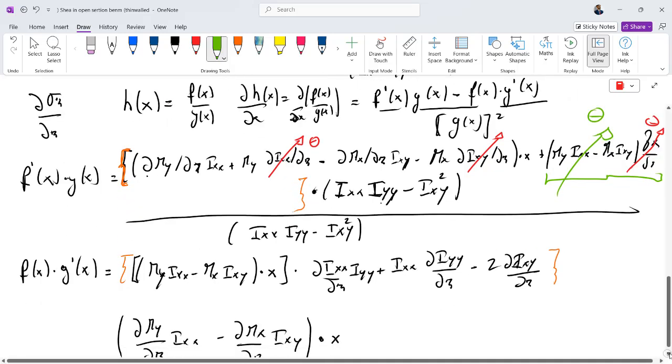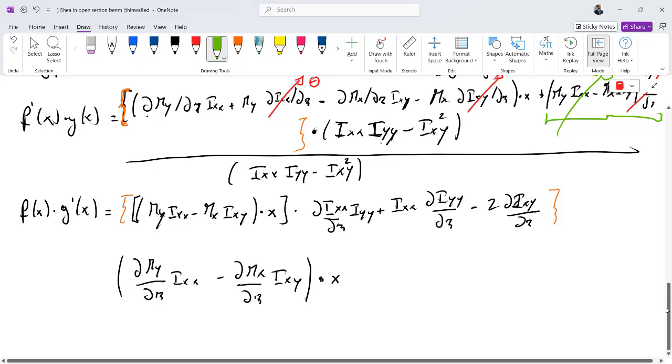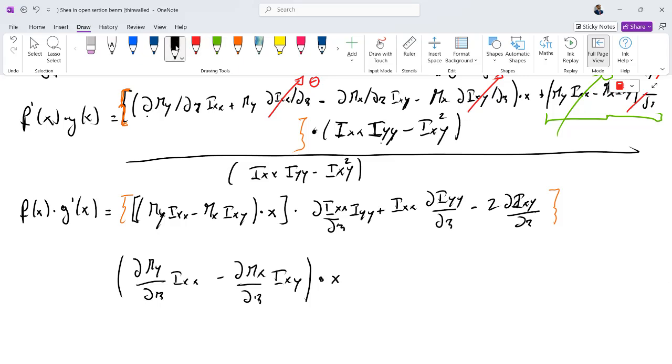Now all this divided by, I have this other quantity minus this other quantity. This other quantity is f(x) times g prime of x. But this is equal to 0, this is equal to 0, and this is equal to 0, because all the products of inertia and all the moments of inertia are 0. Because we have a multiplication to do, all the first term multiplied by a 0 value. So we have here 0.